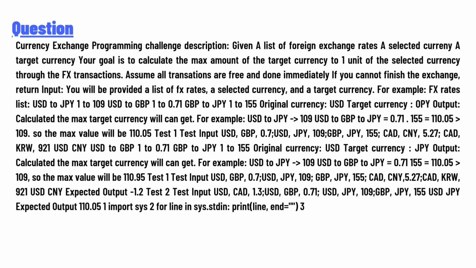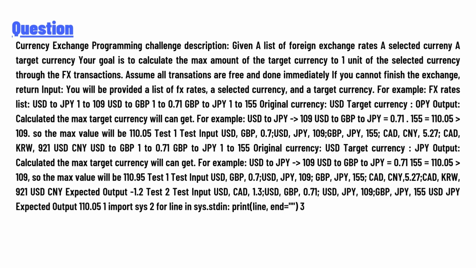For example, USD to JPY 109, USD to GBP to JPY 0.71 times 155 is equal to 110.05. So the max value will be 110.05. Test input: USD GBP 0.7, USD JPY 109, GBP JPY 155, CAD CNY 5.27, CAD KRW 921, USD CNY.